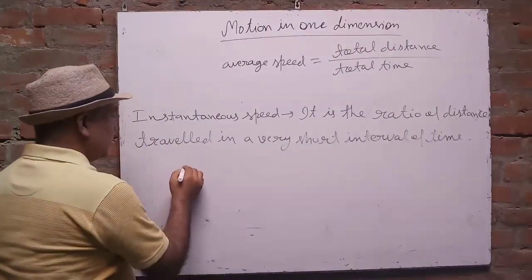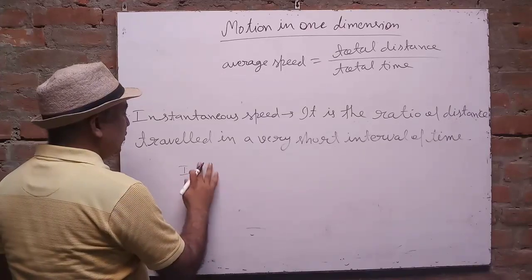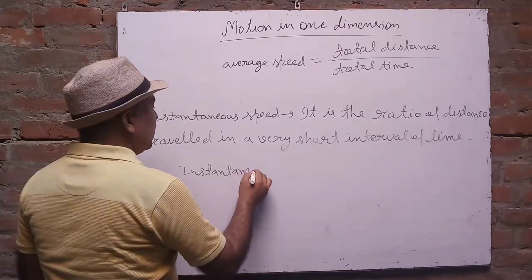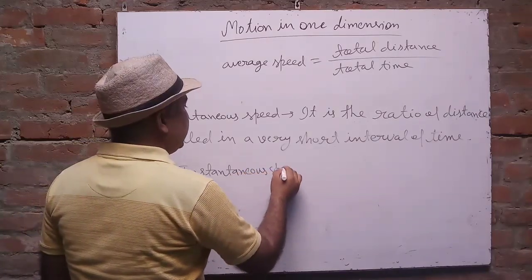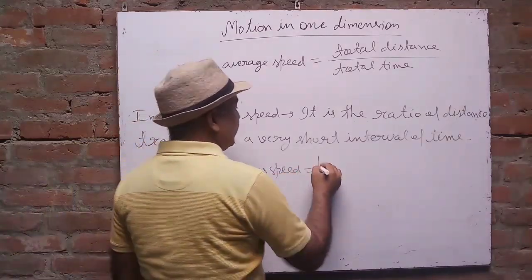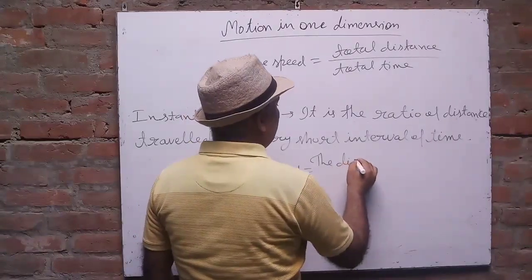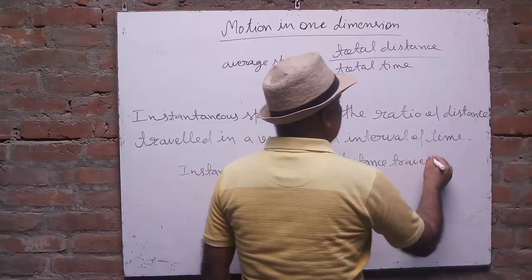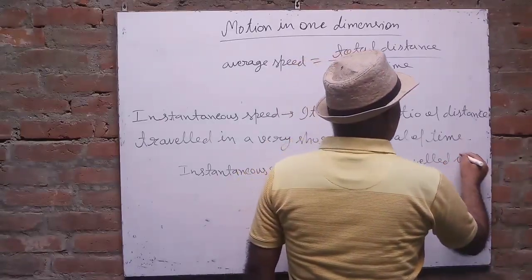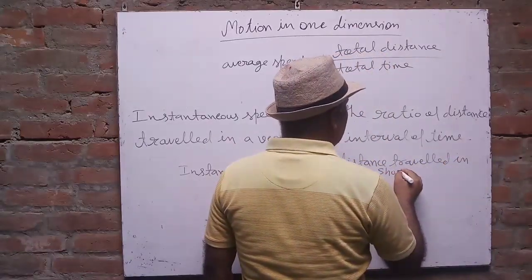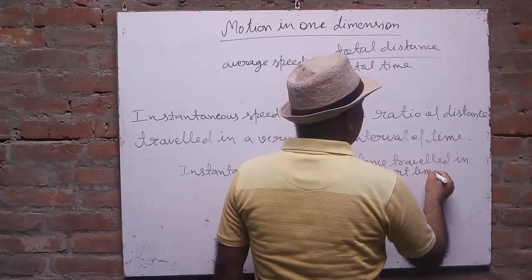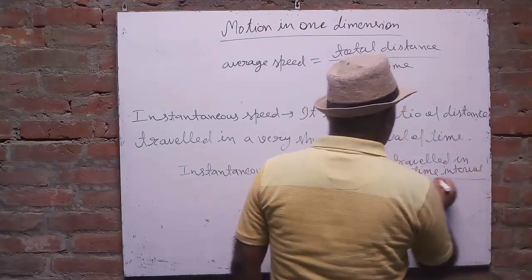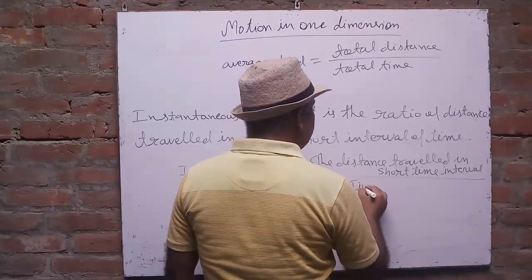Okay, so you can say that the formula for instantaneous speed is equal to the distance traveled in a short time interval upon time taken.